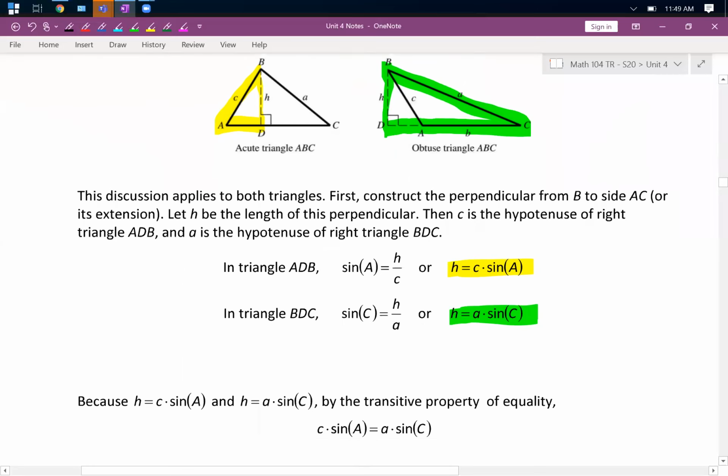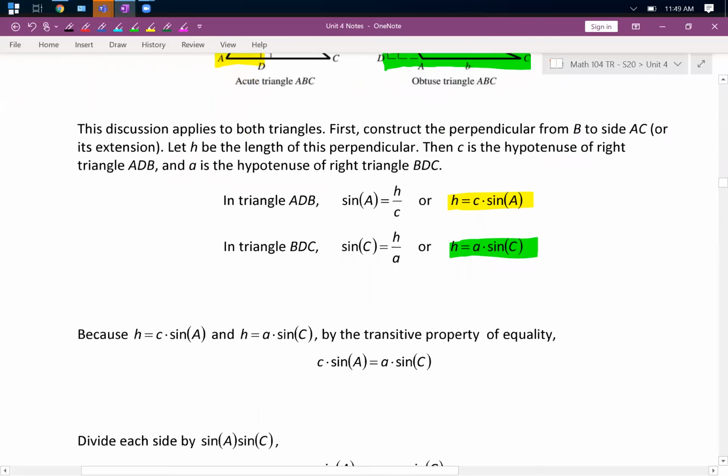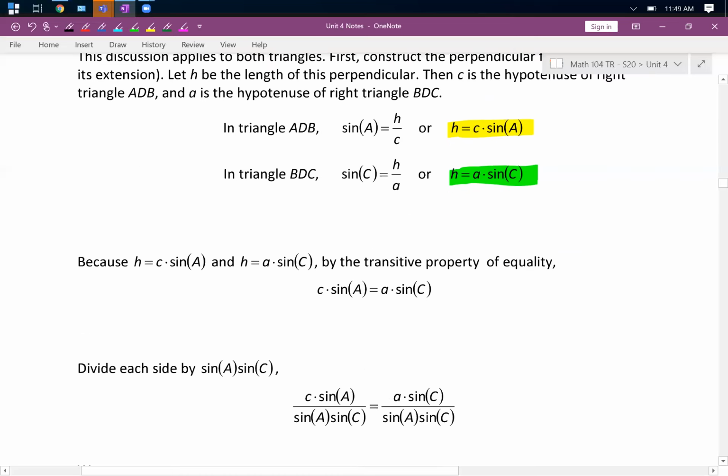Well, since H equals both of those two things, H equals C sine of A and H equals A sine of C, I can just set the two right-hand sides equal to each other using our transitive property of equality.